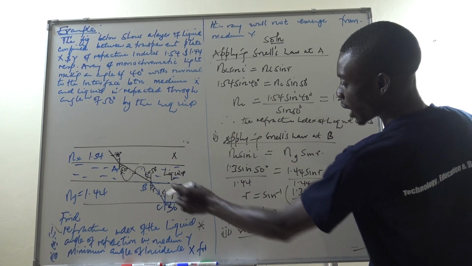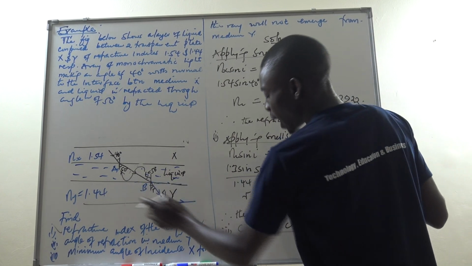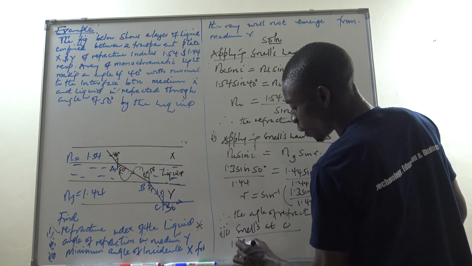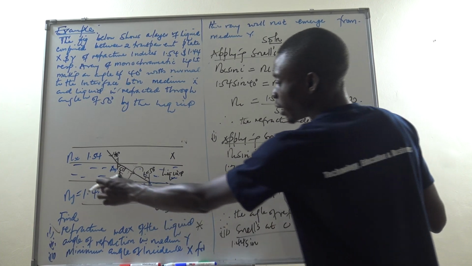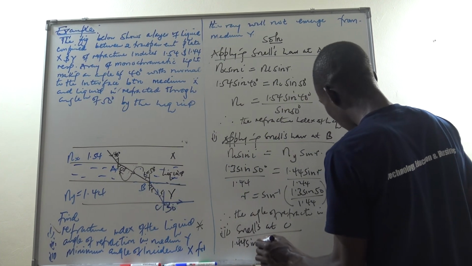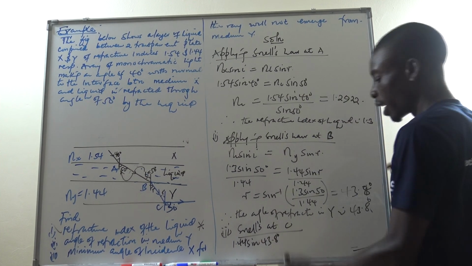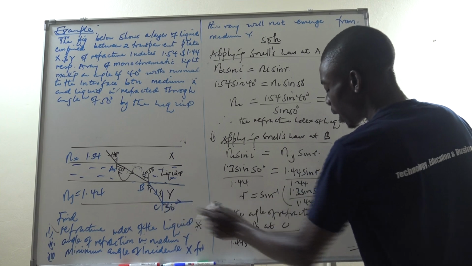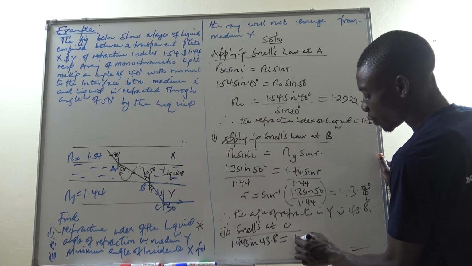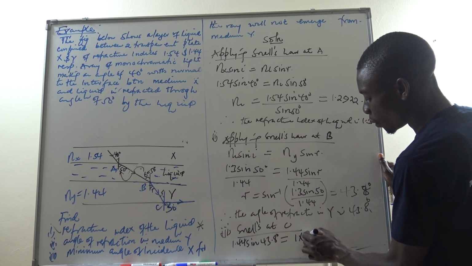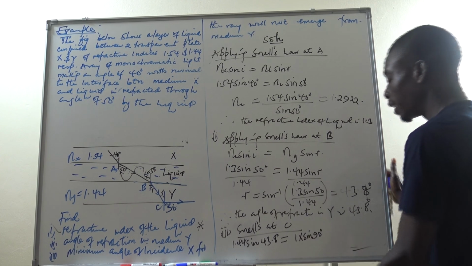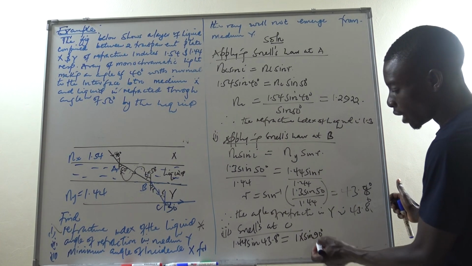So we shall say refractive index of the glass, that is 1.44, sine of R is 43.8, should be equaling to, now not emerging in air, refractive index of air is 1 times sine of the angle there will be 90. So that is also equivalent to 1.